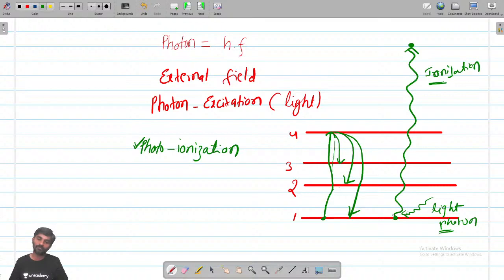The electron absorbs energy from a photon and completely goes away from the nucleus, away from the atom, and becomes free. That kind of ionization is called photoionization. Hope this point is clear.